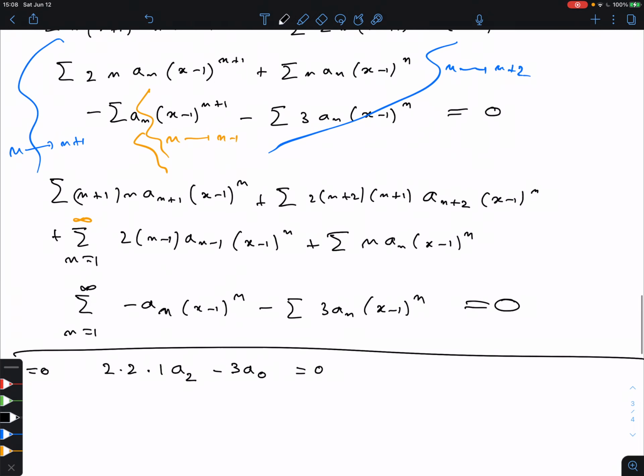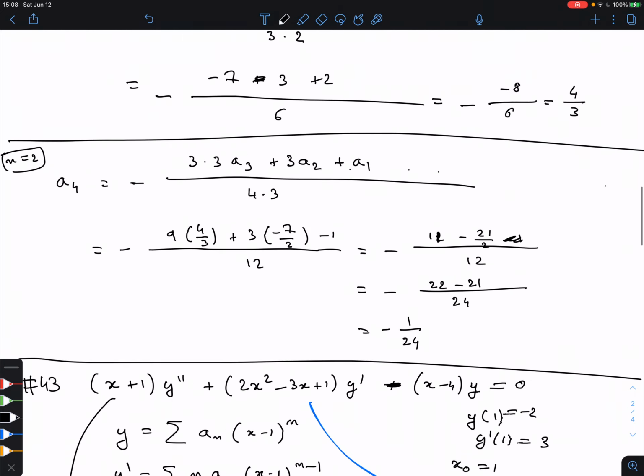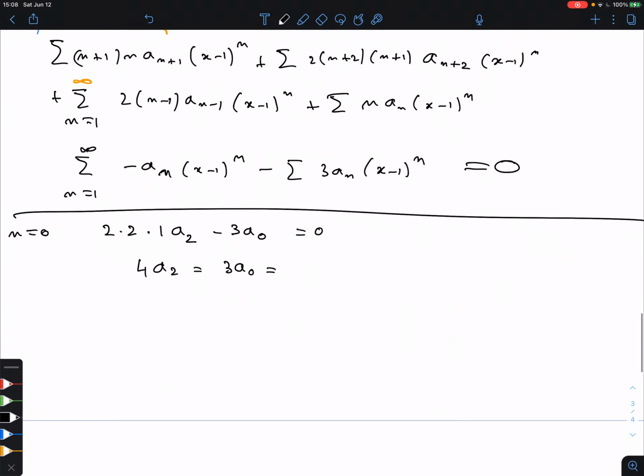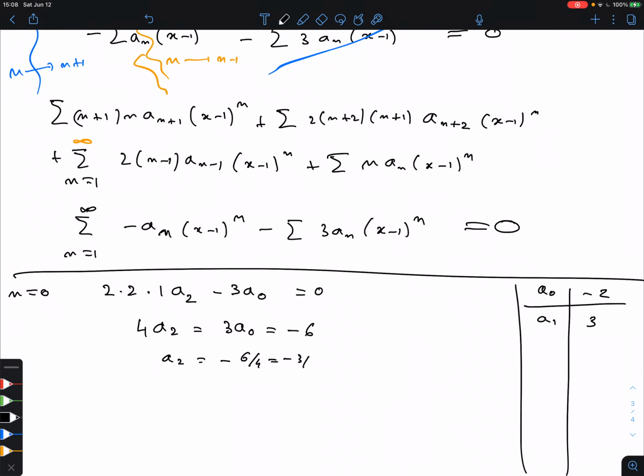So I see that 4a_2 is equal to 3 times a_0, and a_0 was equal to, where was a_0? So a_0 was negative 2, and a_1 was, so I'm making the table again. a_0 was -2 and a_1 was 3. Did I say it right? Yeah, okay. So this is -6, so I see that a_2 is -6/4, that is -3/2.